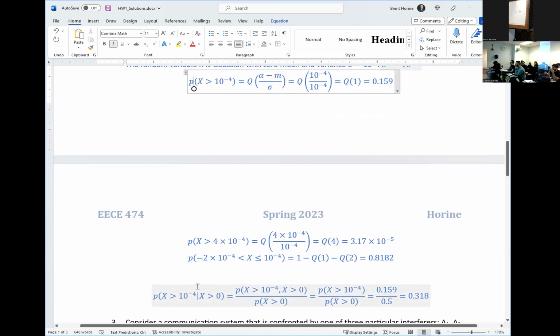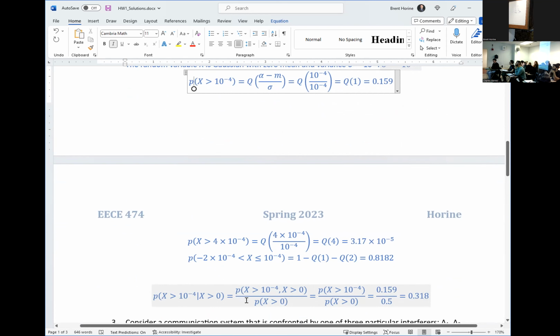This is that first part. Given that the noise is positive, what's the probability that it's greater than 10 to the minus fourth? This is a conditional. So now we put that in. X is both greater than 10 to the minus fourth and greater than 0. But of course, that simplifies to X is greater than 10 to the minus fourth. We calculated that before, and that's 0.159.